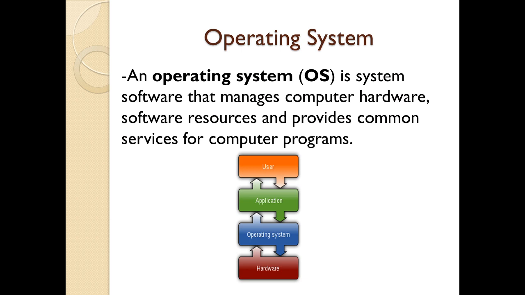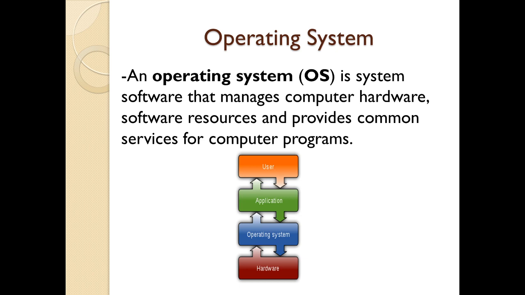For system programming, an important term is the operating system. This is the diagrammatic presentation of an operating system. The user uses application programs. Application programs are connected with the operating system. In the operating system, there are some system software. With the help of system software, those application programs are executed with the help of the operating system and hardware.